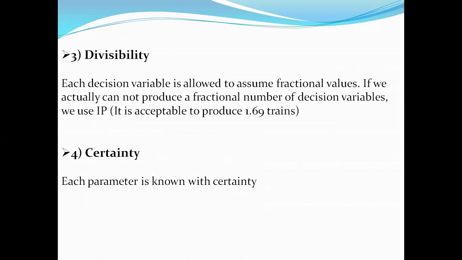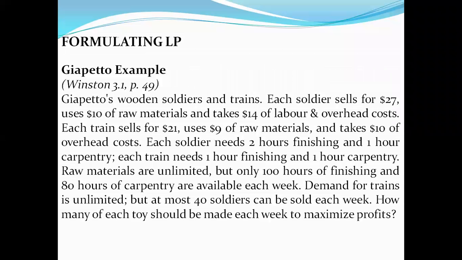Certainty clearly states that the soldier toy is sold for $27 and the train toy is sold for $21. So we have to apply these four different properties here: proportionality, additivity, divisibility, and certainty. Certainty is very clear about the price at which each toy is sold.